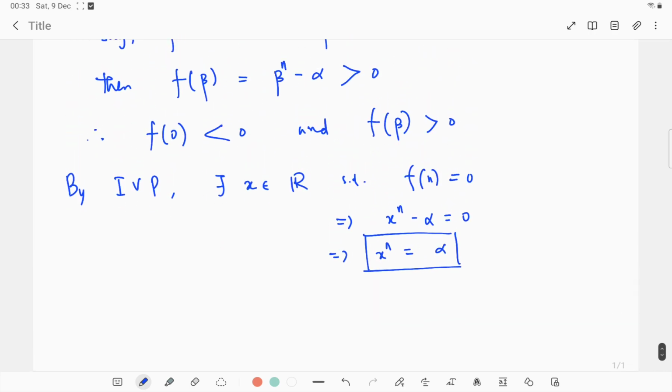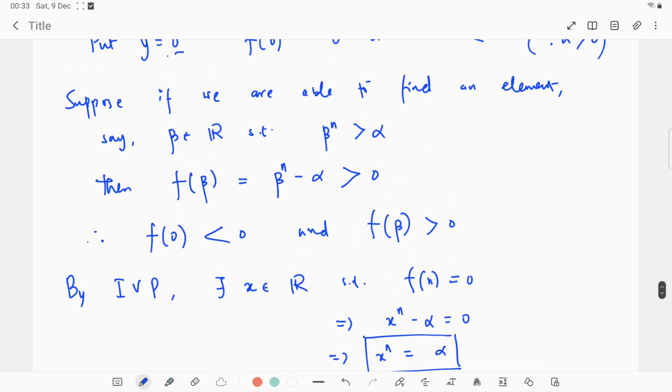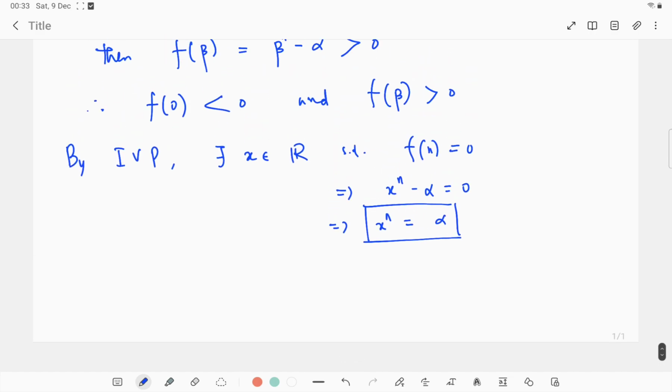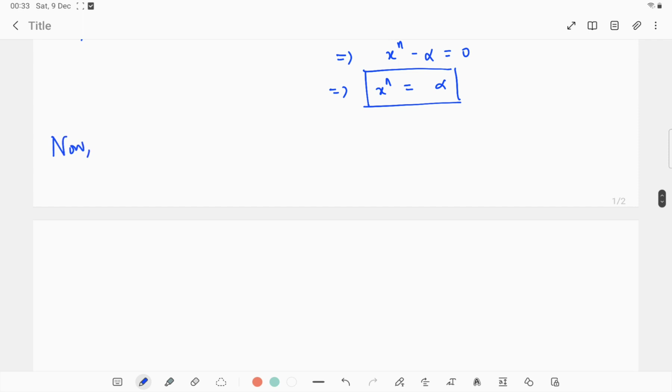Now we have to ensure that such a beta exists, right?